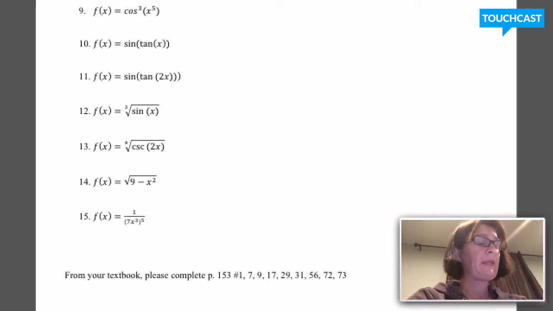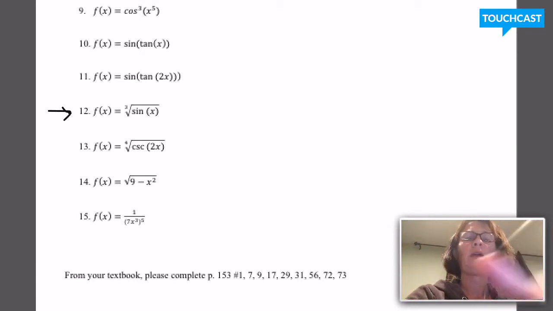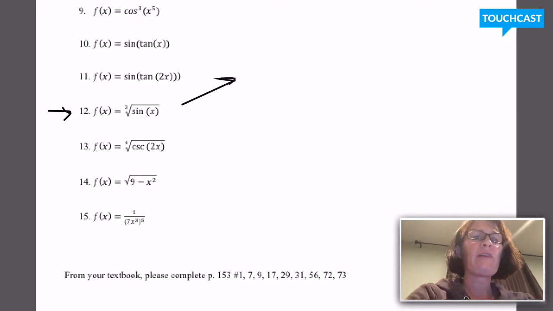So all of these problems on the back, we could use this second version of the chain rule just as easily if you wanted to rewrite these functions as a function of u, and then u is a function of x. So just for an example, again, either way is fine on this, so I'm just doing this as an example. Here, f of x is the cube root of sine x.